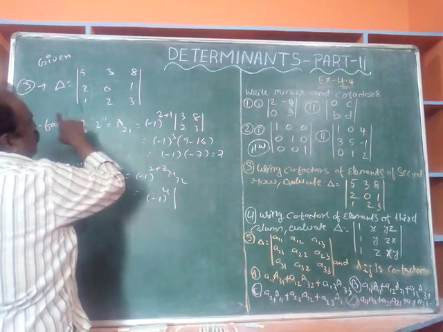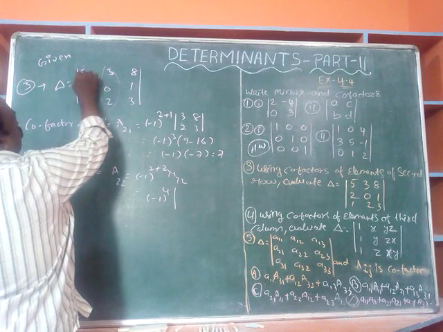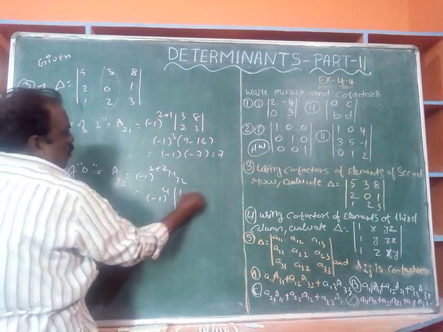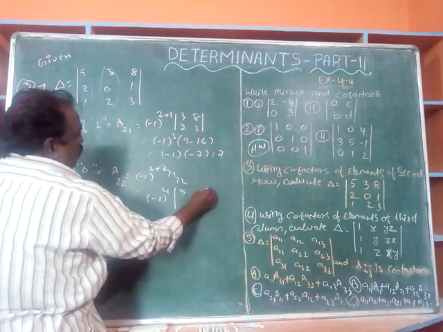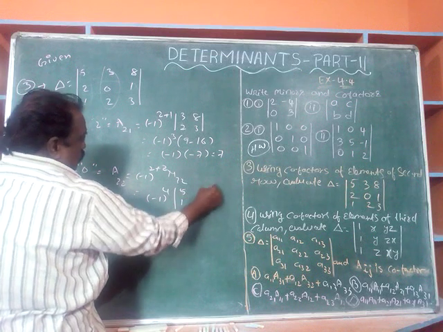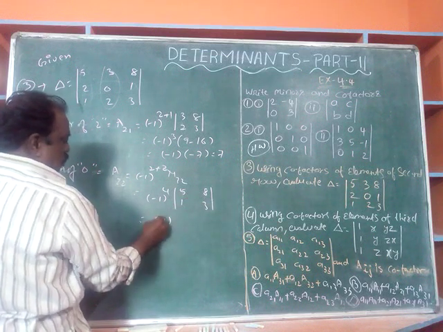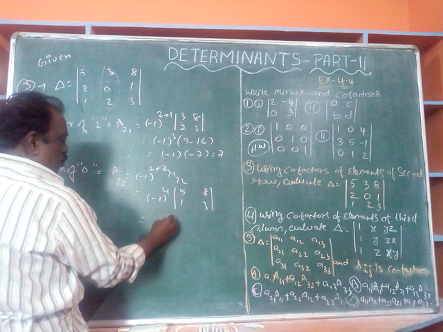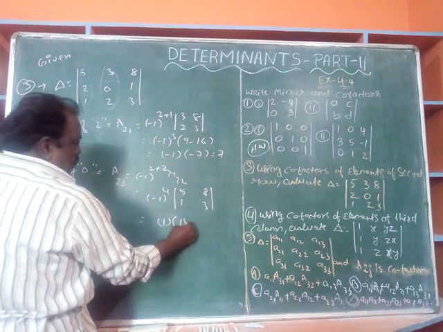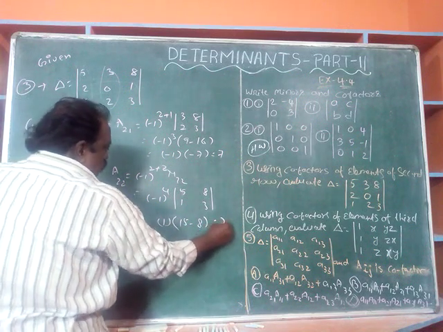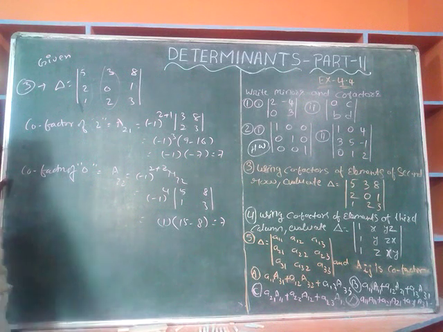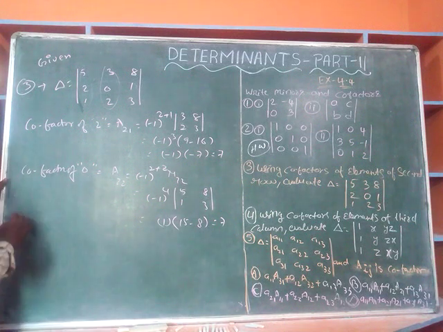What is M22? After deleting this row and column, 5, 8, 1, 3 is there. This is minus 1 power 4, which means it is 1 only, and it is 15 minus 8, which is simply 7 again.